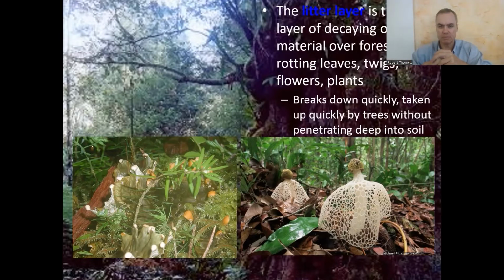One of the key aspects to understand about a rainforest is that you have an extremely rich litter layer, meaning there's so much organic material falling down to the floor. And there are so many decomposers, spiders, ants, worms, bacteria, all these different things munching and breaking this stuff down super fast.